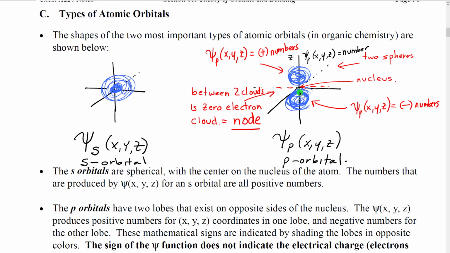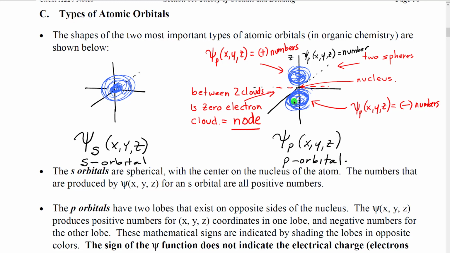For example, if we assume that the x-axis is the left-right axis, the y-axis is the axis coming out and going back, and the z-axis is going up and down, then this would be a drawing of the p orbital that is aligned along the z-axis. We have a sphere above the xy plane, and a sphere down below the xy plane.